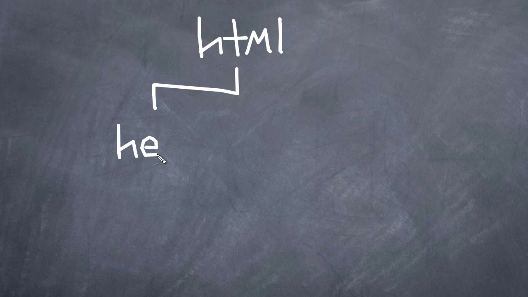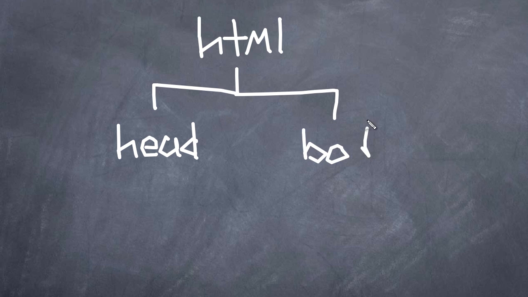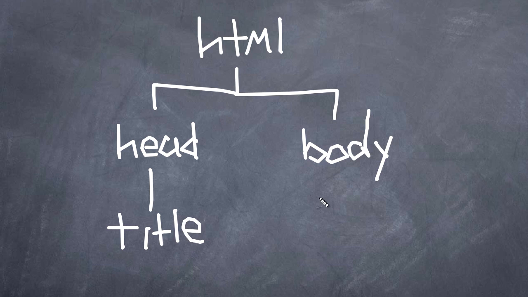So HTML, and inside there we had two tags, the head and the body, right? There we go. Well, that was supposed to be a D. There we go. Alright, body. And inside head we had our title tag. There you go. And inside body we had a P tag, like so.